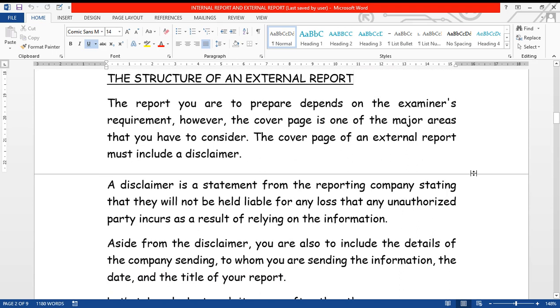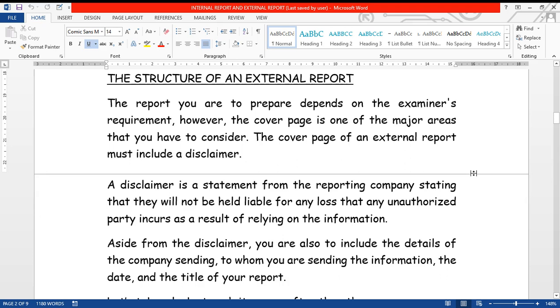First off, you cannot say, I know how to write external reports very well, so I decide to write external reports, or I know how to write internal reports, so I'll go for internal reports. No, the choice is not yours. It's the examiner's requirements, the examiner's instructions, that will determine the type of report you prepare, whether you will be writing an internal report or an external report.